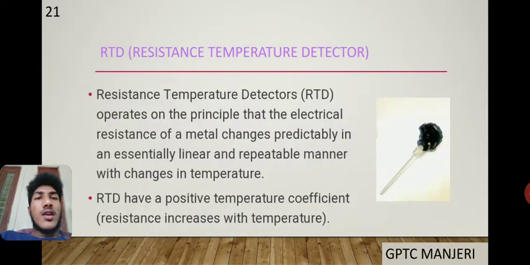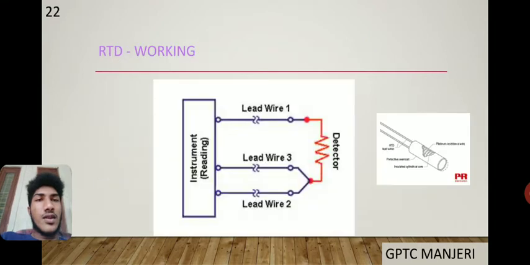Next, resistance temperature detector or RTD. The RTD operates on the principle that the electrical resistance of a metal changes predictably, in an essentially linear and repeatable manner, with the change in temperature. This is the working diagram of RTD.